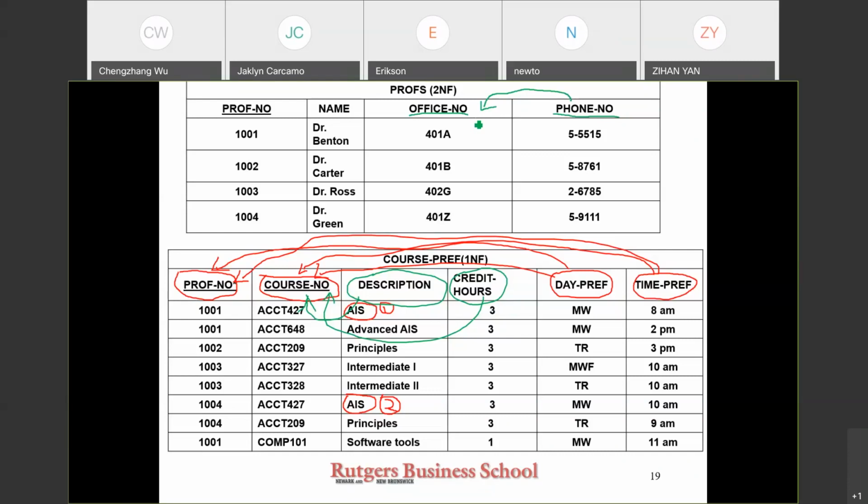In a business school, it is possible that we have some empty offices reserved for future professors. But in this case, it is not possible to add office information until a professor is assigned to that office.